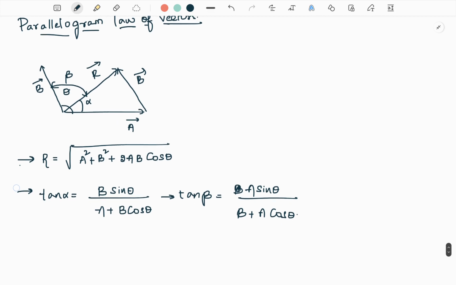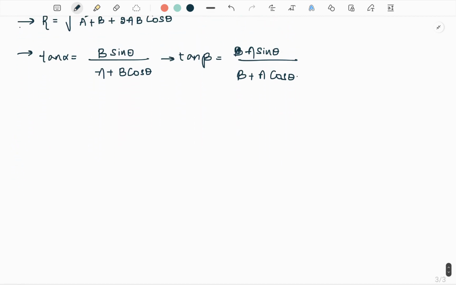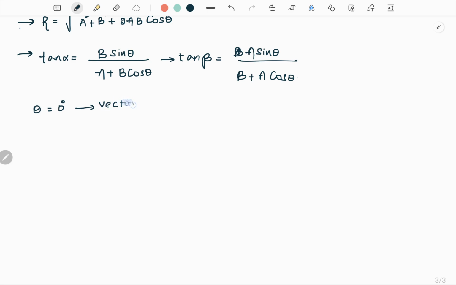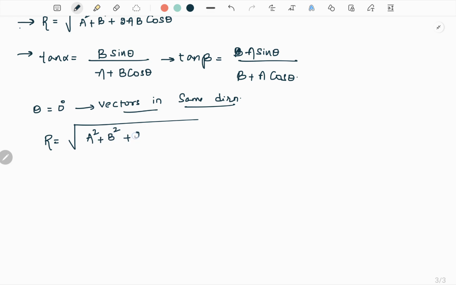Let's say we were dealing with a situation where the two vectors were in the same direction. If vectors are in the same direction, theta would be equal to 0 degrees. In such a case, the resultant is going to be root of a square plus b square plus 2ab cos 0 degrees, where cos 0 degrees is equal to 1.